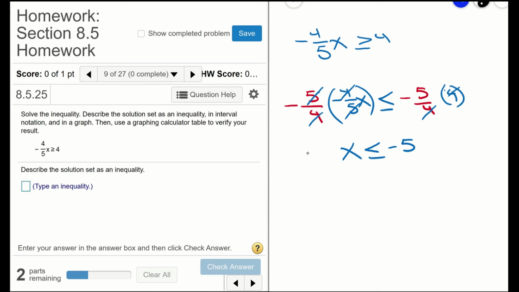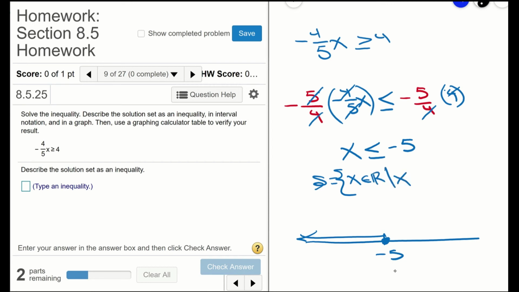Now, a quick sketch of the solution set will show us we have a closed circle, an arrow to the left, because that's where the real numbers less than or equal to negative 5 reside, right? So the solution set in set builder notation will be all x belonging to R such that x is less than or equal to negative 5. And in interval notation, notice this set has no beginning.